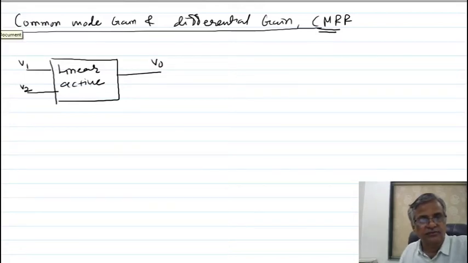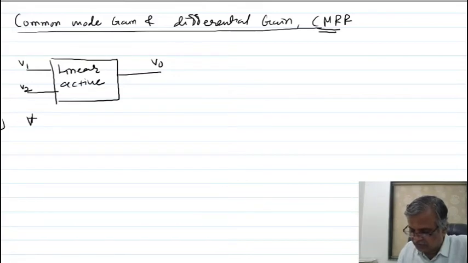The function of the differential amplifier is to amplify only the difference between the two input signals. A linear active device with the two inputs V1 and V2 and one output voltage is shown in figure. Here all the voltages V1, V2 and VO are measured with respect to ground. The properties of the differential amplifier are as follows.